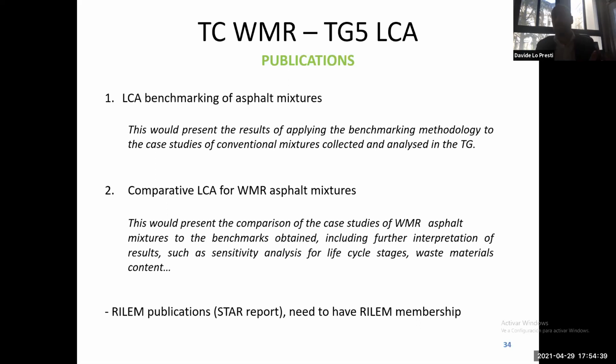At this moment, we're trying first to understand whether, for instance, there is a difference in terms of benchmark between AC and SMA, because we really don't know. From what we know at the moment, with the uncertainty that comes with the data and the precision we have in results, whether it is a crumb rubber modified asphalt or, for wearing courses, an asphalt concrete for base courses, I don't really know how to tell whether the benchmark value is different or not.